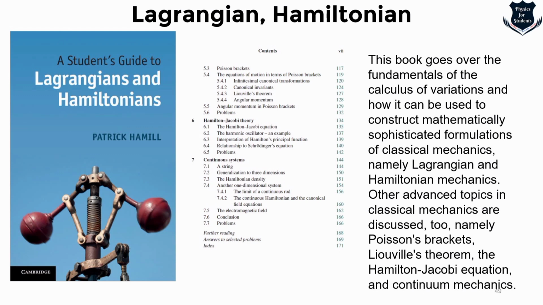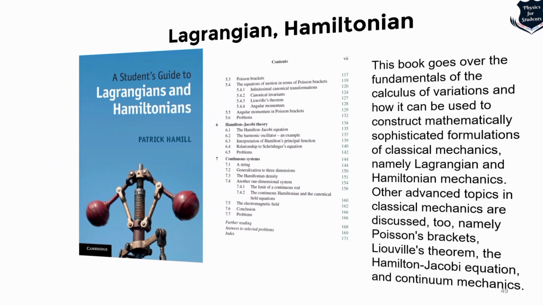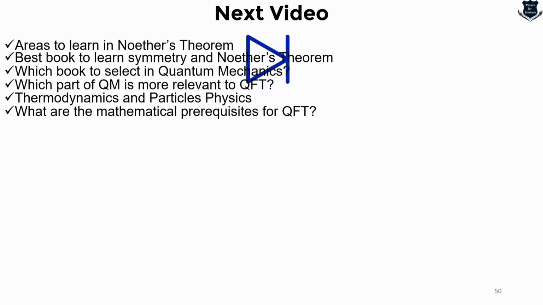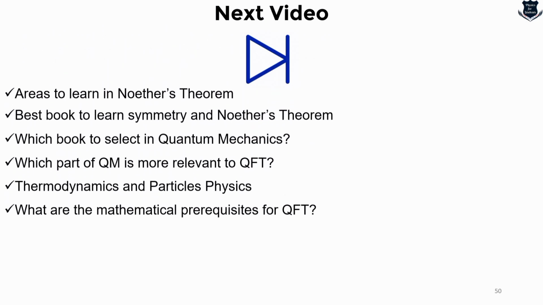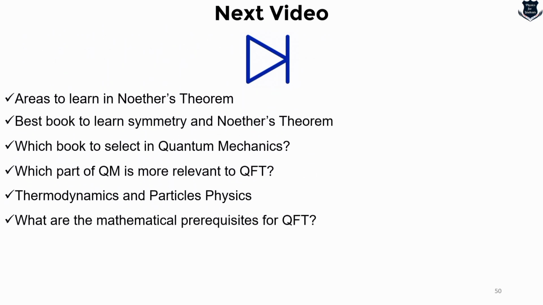So this is an overall understanding of the physics, the internals, the technicals, and the best books to read. However, in the next part of the video, I will be dealing with something more. I will be starting with areas to learn in Noether's theorem and what is the best book for that. Then I will come to quantum mechanics.